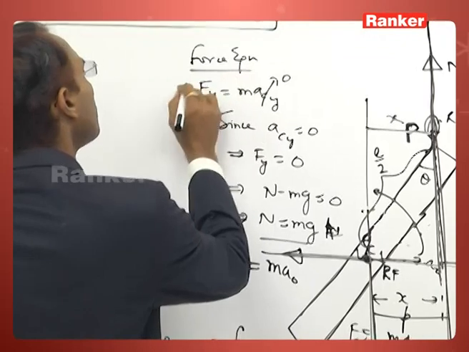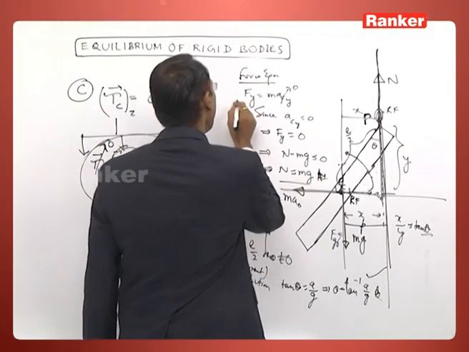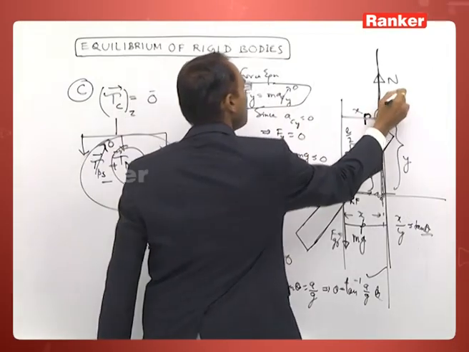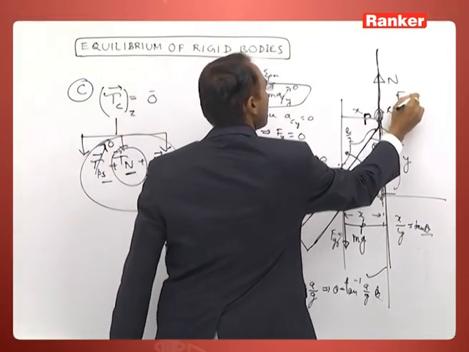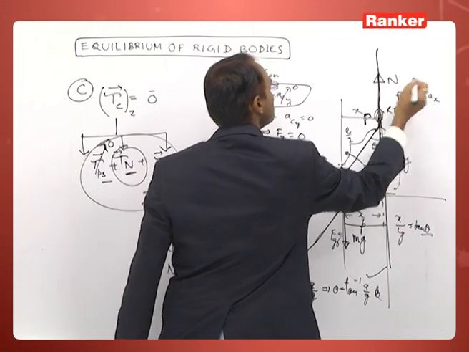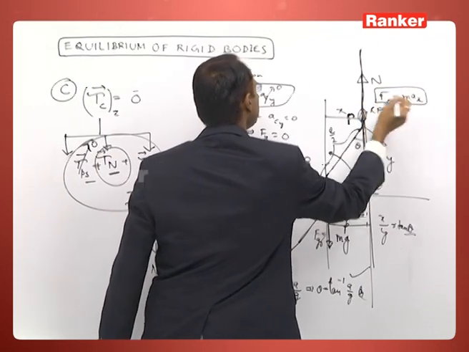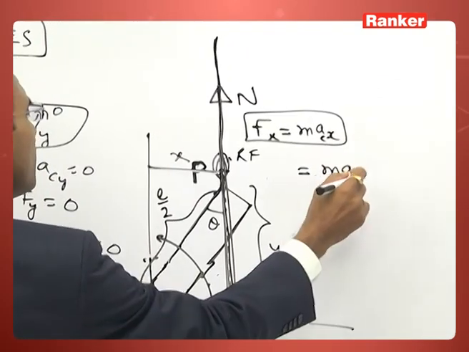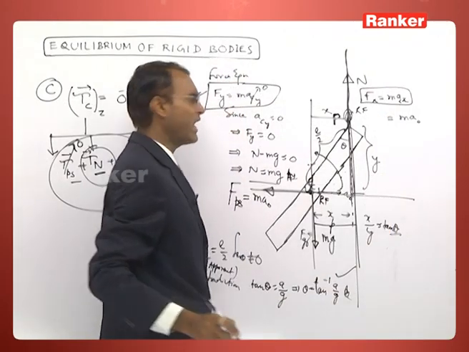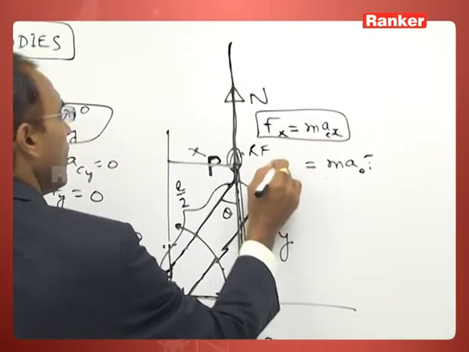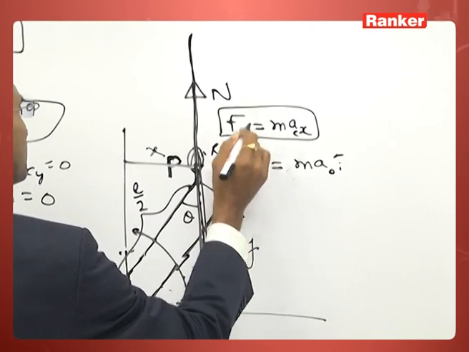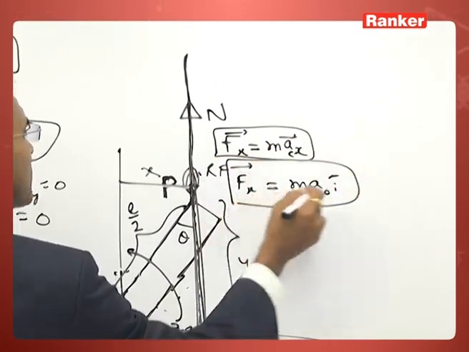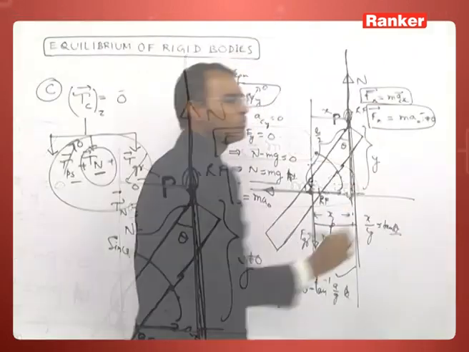That can be cleared when you write the force equation along the x direction. The y direction force equation is over. Along the x direction, the force along x is equal to mass times the acceleration of the center of mass along x. Since the center of mass is accelerating along the x direction only with an acceleration a0, the net force acting on the rod along the x direction is not equal to 0.